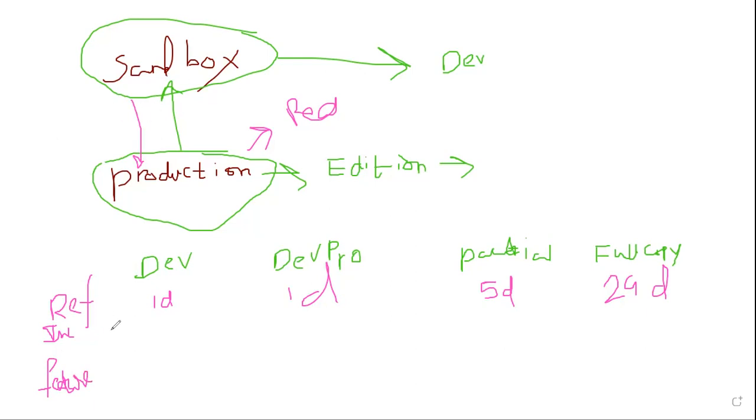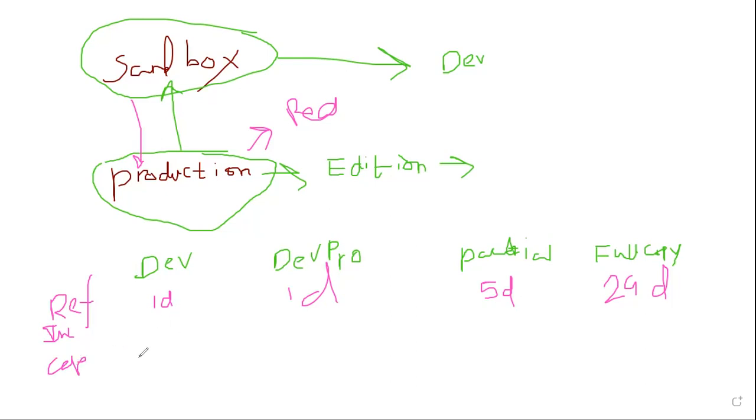Why? Because it has very low storage. So prior to the features, I'll take the help of this star. If you see the capacity, you'll understand much better. Capacity means storage available for each and every type of sandbox.